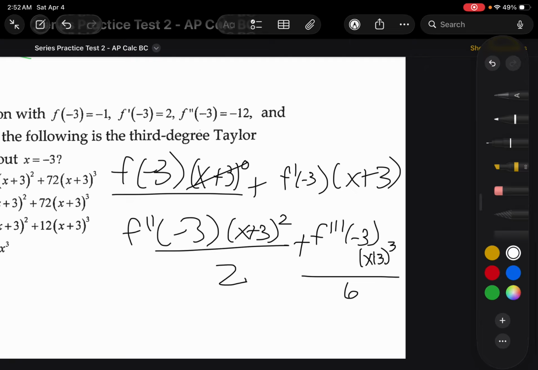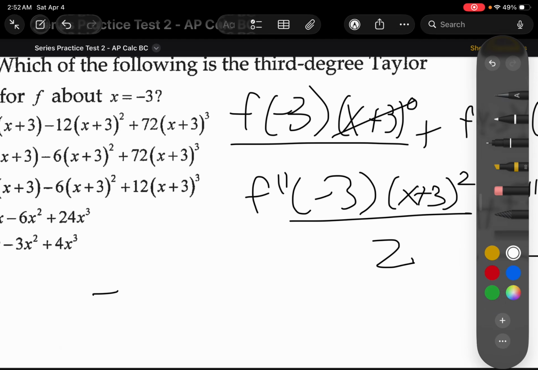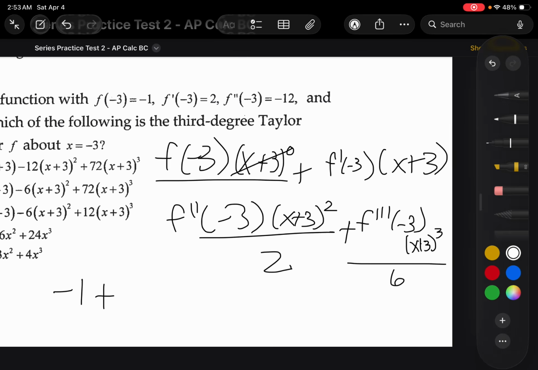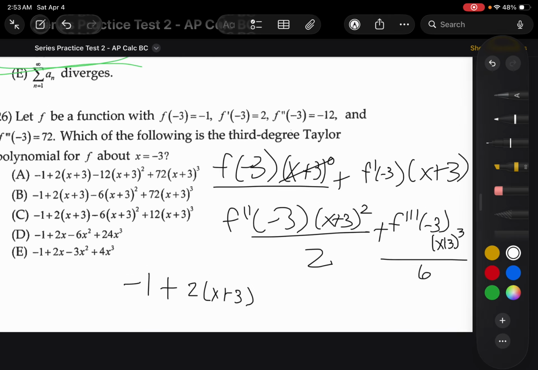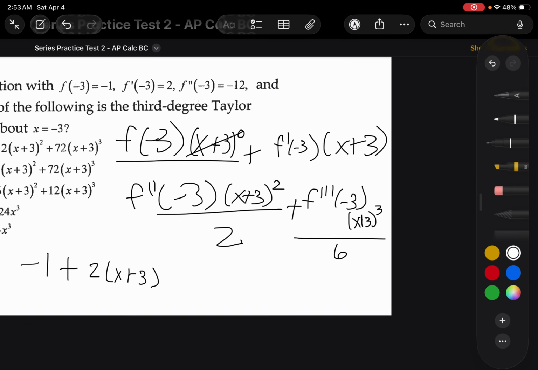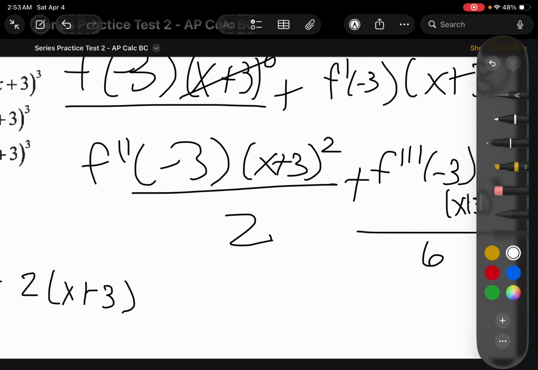All right, plug everything in. f of -3 is -1, plus f prime of -3, which is 2, times x plus 3, plus f double prime of -3, -12 over 2 times x plus 3 squared.